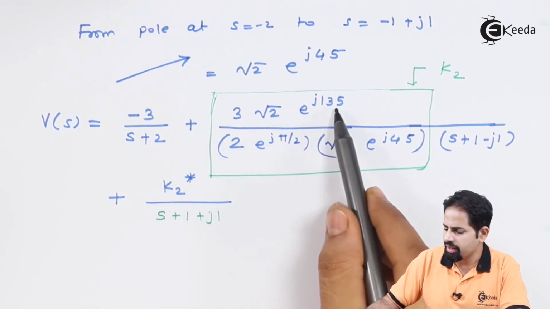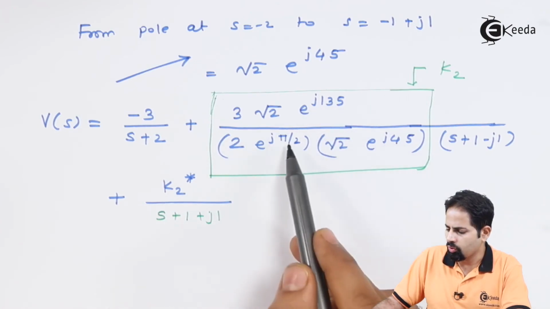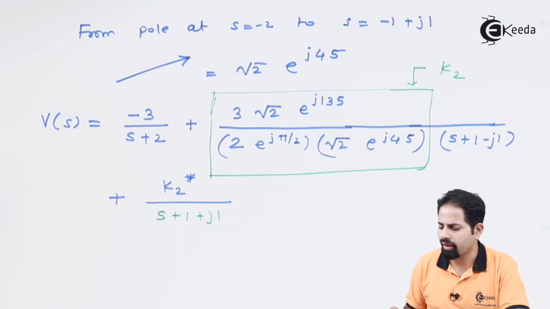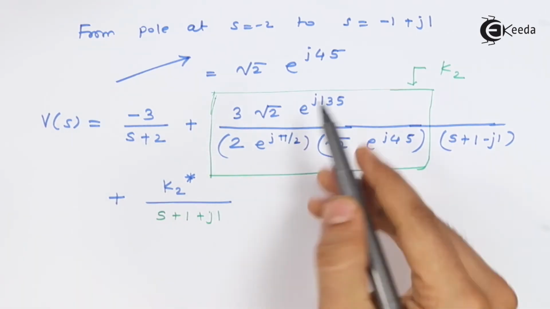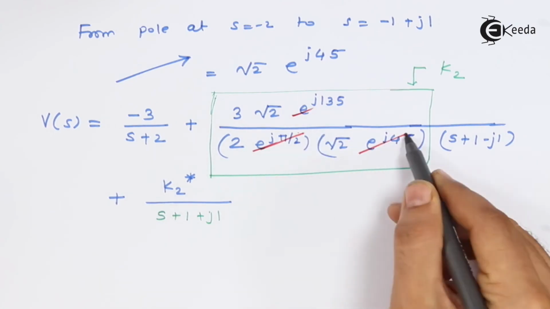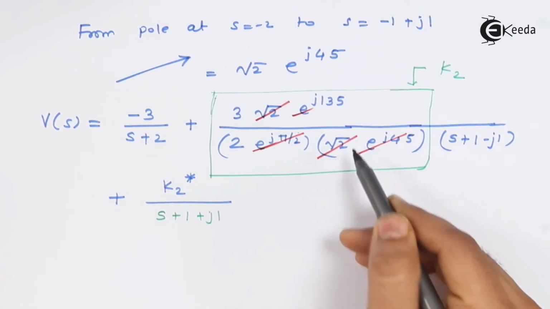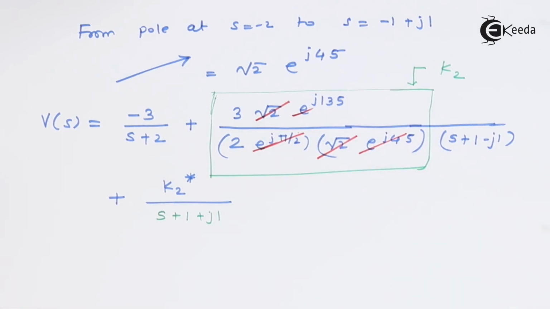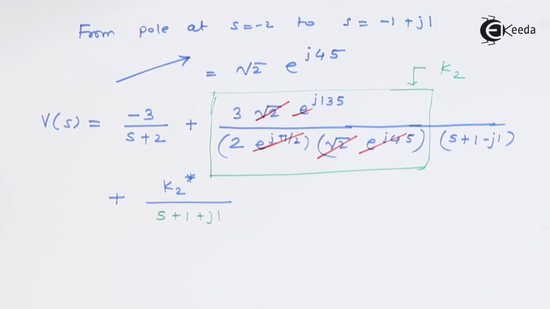So we'll calculate K2 first, and if you calculate K2, you can see this is e raised to j 135, this is 90, this is 45, so 90 plus 45 is going to be 135, so it is going to get cancelled. All these are going to get cancelled, meaning √2 is going to get cancelled, and then the answer will remain as 3 by 2.